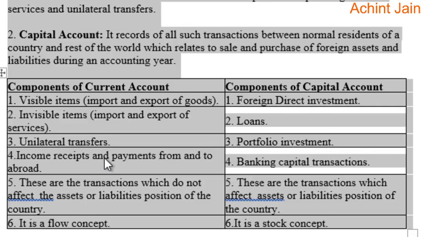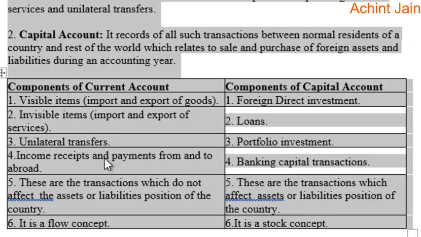Receipts of unilateral transfers are recorded as positive items, on the credit side. Payments of unilateral transfers are recorded as negative items, the debit side. Overall we can say all the transactions of the current account are recorded either as credit items, that is all the receipt side, or debit items, that is all the outflows of foreign exchange.